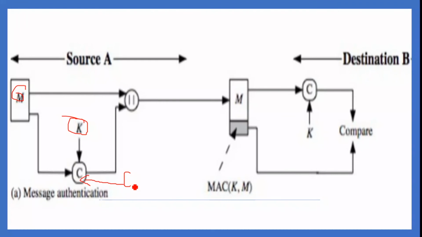This is called a coder algorithm, which generates a message authentication code. What exactly happens in this particular technique? We have to learn what happens inside this coder function.